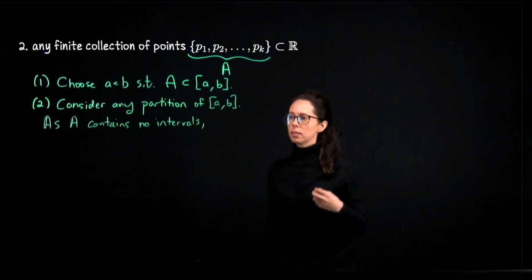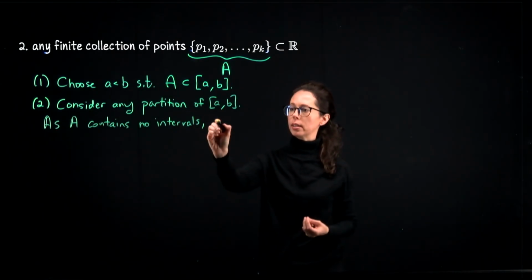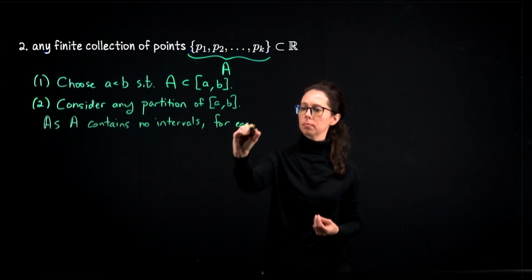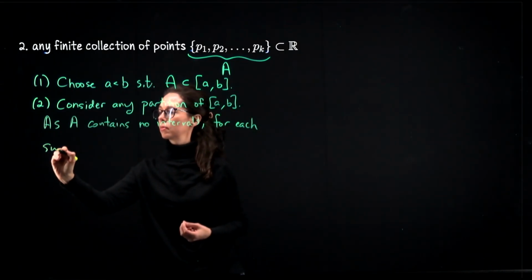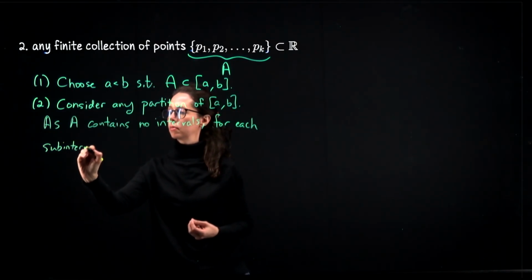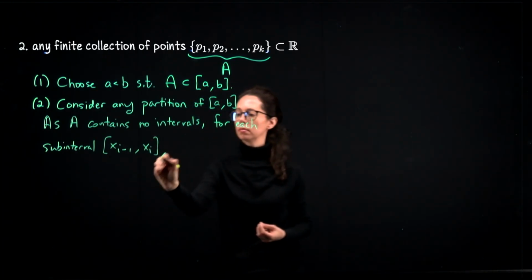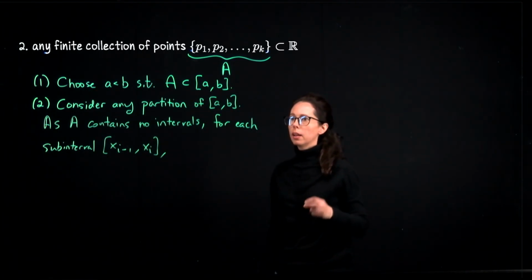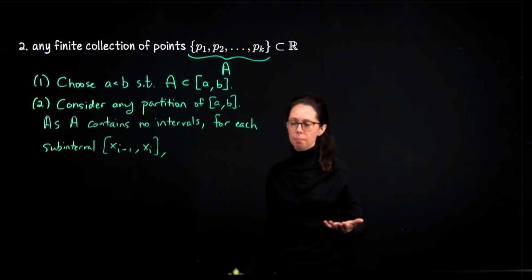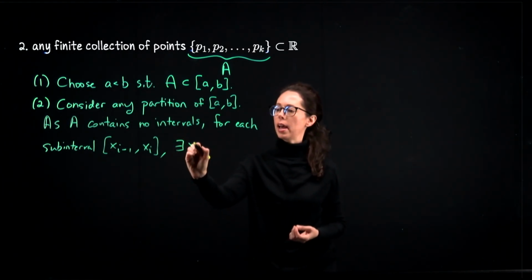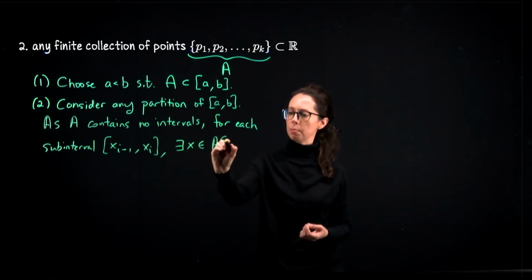For each subinterval created by our partition, I'll just say for each subinterval, there exists a point which is not in A. That is, there exists x in A complement.